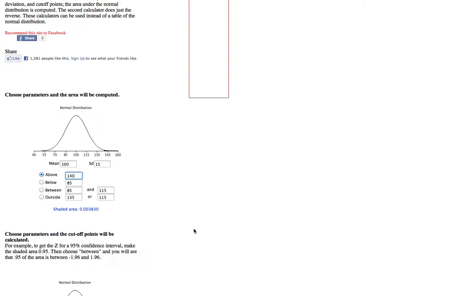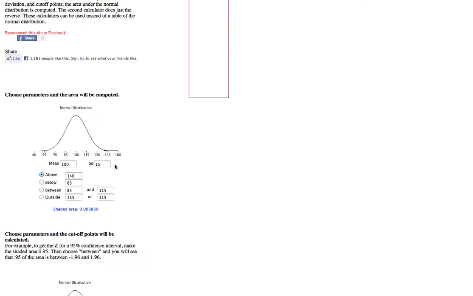And what I have set up here is a normal curve that has a mean of 100 and a standard deviation of 15. And this happens to be the mean and standard deviation of IQs for adults in the United States.